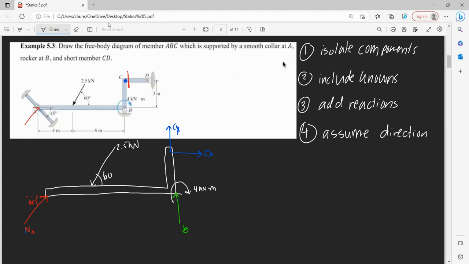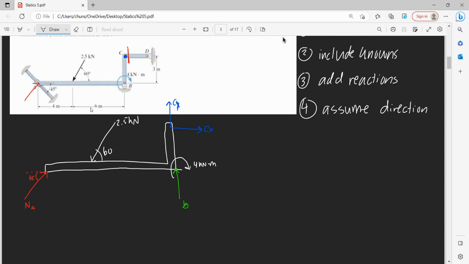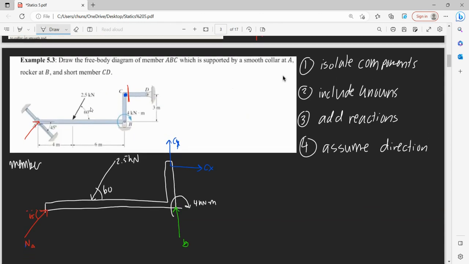And when we solve for them in the next questions, you'll see that you can change the direction based on the sign of the values that you obtain. Okay, and so this is member AC.